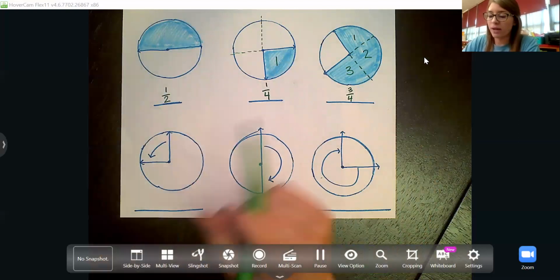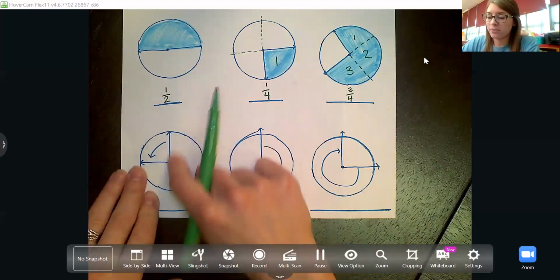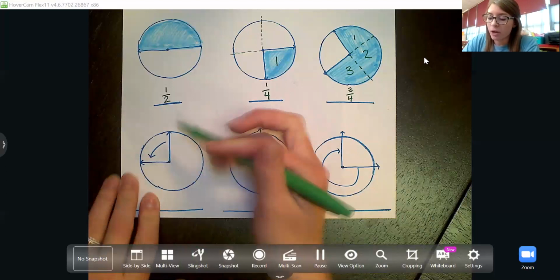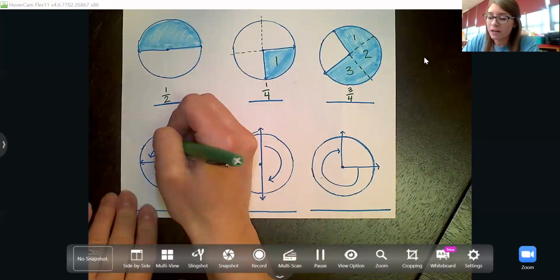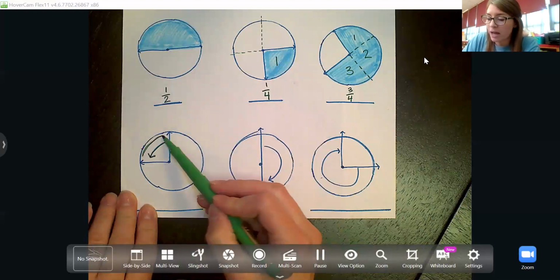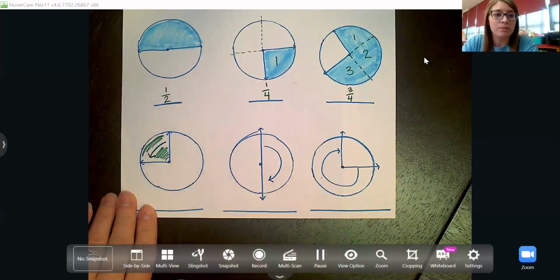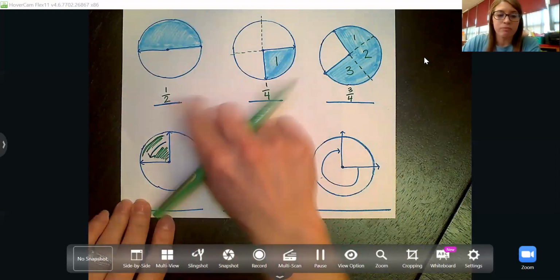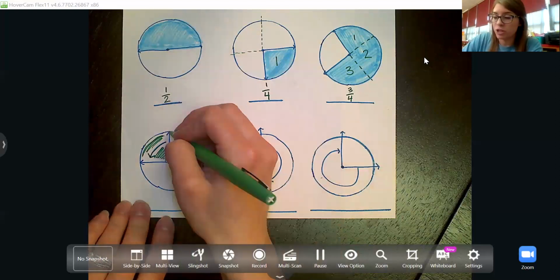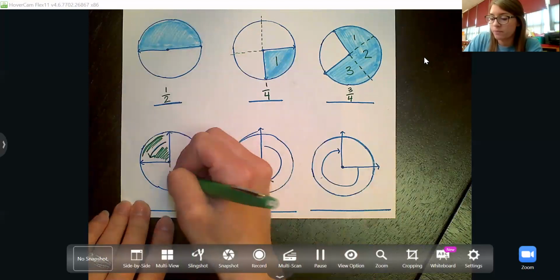So for example, this one right here, we've got these 2 lines and the arrow is inside of this section, which means this is the section that we're looking at to figure out what fraction of the circle is making that turn. So I'm going to go ahead and take those lines just like we did in these top examples and extend them to the edge of the circles.